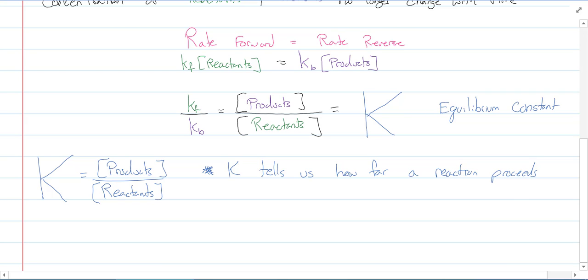So if the products is a big number and reactants is a small number, K is very, very big. If the products is a really small number and the reactants is a big number, K is very, very small. So the bigger K is, the more the reaction goes towards completion.